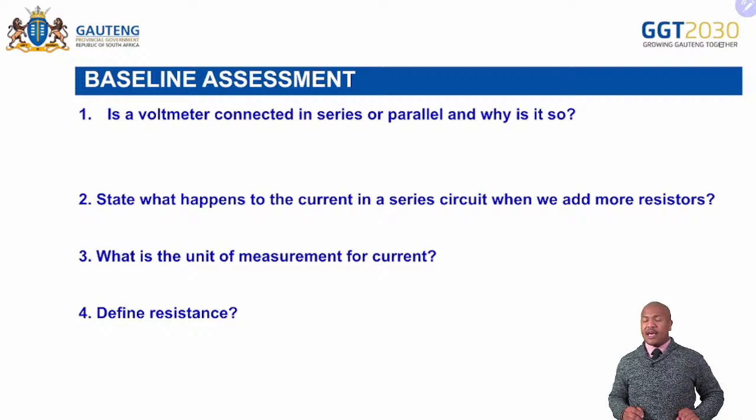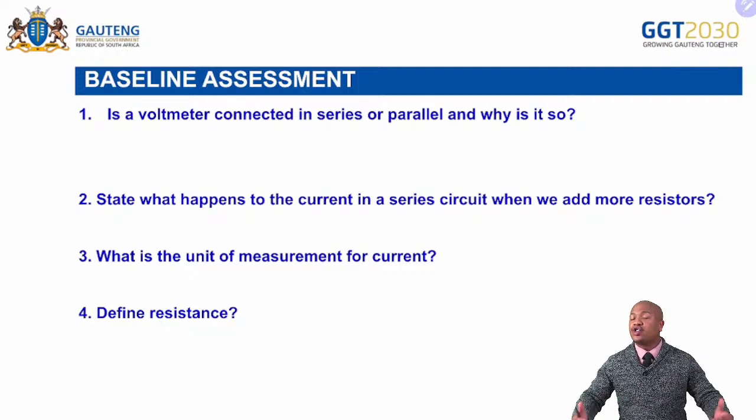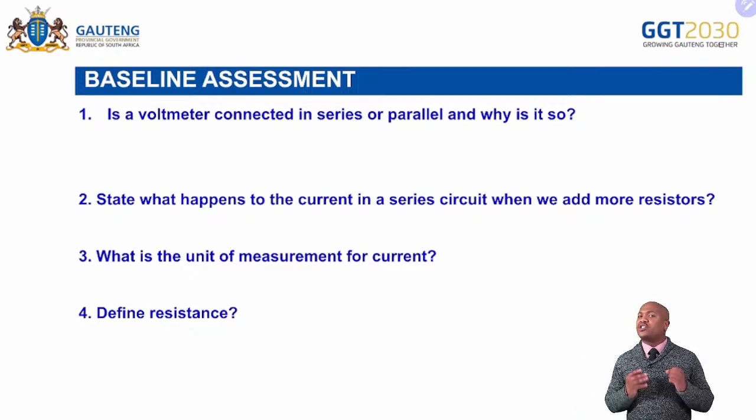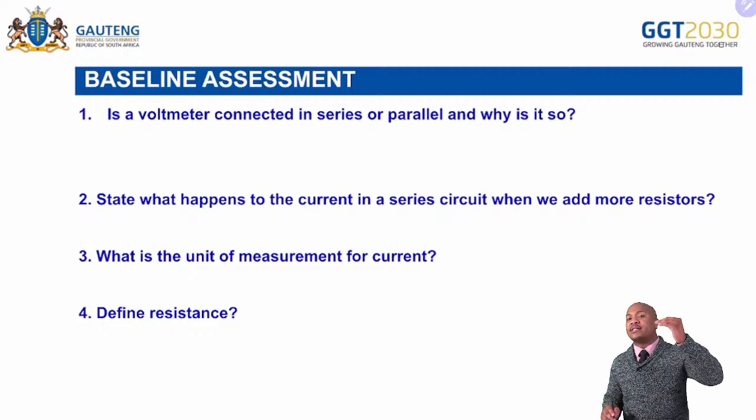Number 1, it says, is a voltmeter connected in series or parallel, and why is it so? Right? You need to tell us whether a voltmeter is connected in series or in parallel and the reason to your answer. Then number 2, state what happens to the current in a series circuit when we add more resistors.